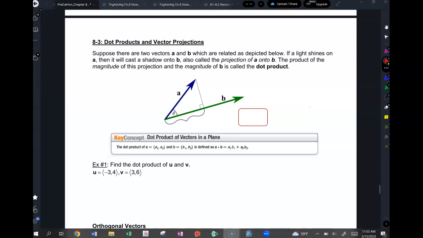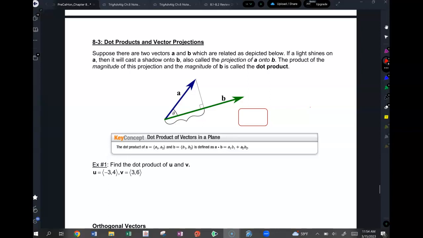A vector is something that has a magnitude and a direction, as opposed to a scalar, which is just a quantity, just a plain old number. So now, a dot product is actually just a scalar. It's just a simple old number, right? So let's talk about what a dot product is.